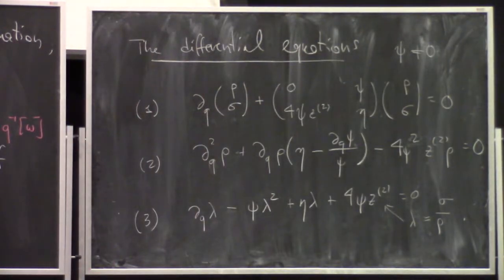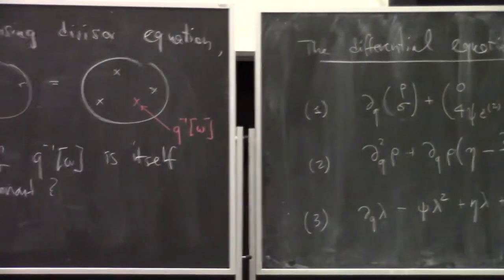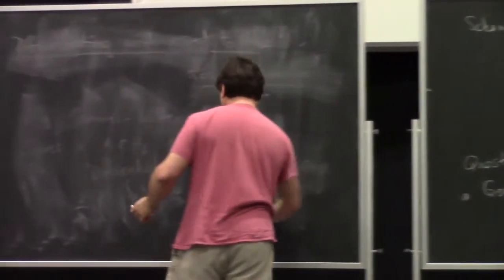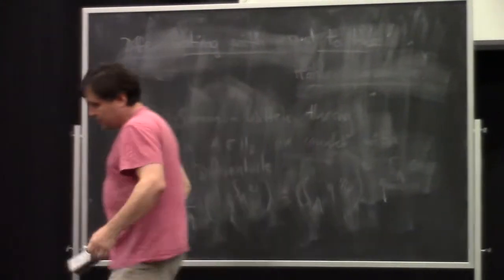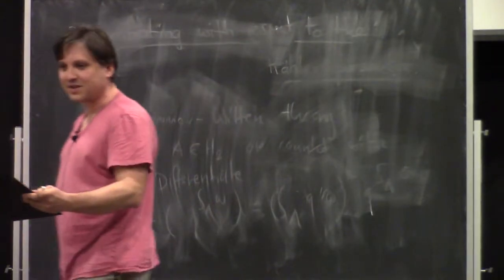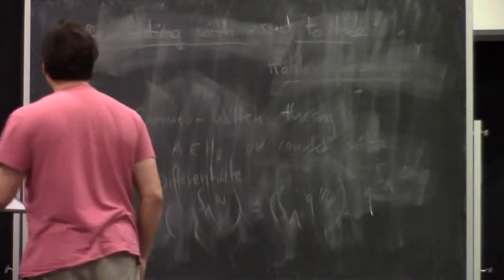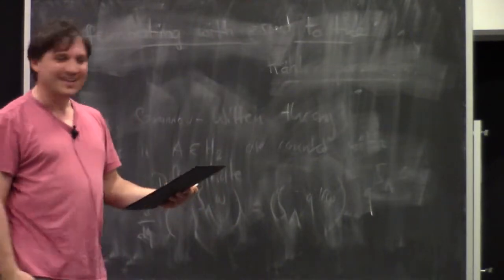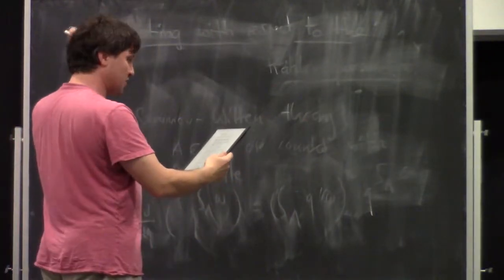Okay? So the first time that I actually saw these equations, I actually derived them by numerical computations, cranking up the degree of Q up to 40 or 50, and using some smart guesses and rings of modular forms.